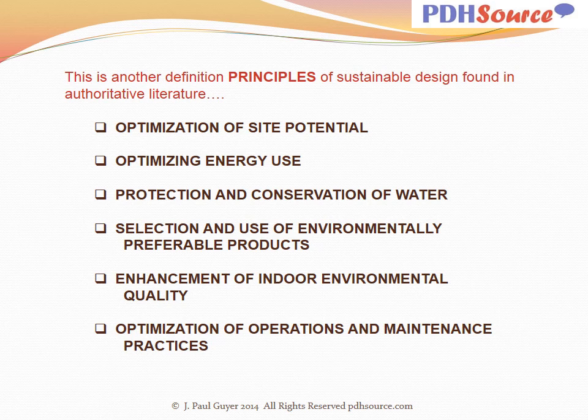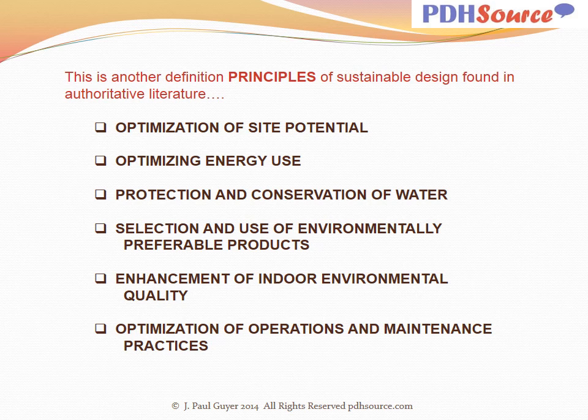And then a 6th one that is added on in this list is optimization of operations and maintenance practices. And yes, we are designers essentially, although of course many engineers are in the O&M end of things, but I'm speaking from the perspective of a designer, which is what I've always been.